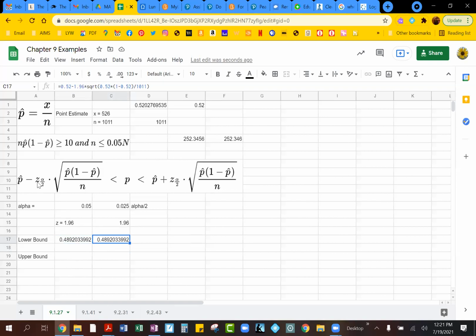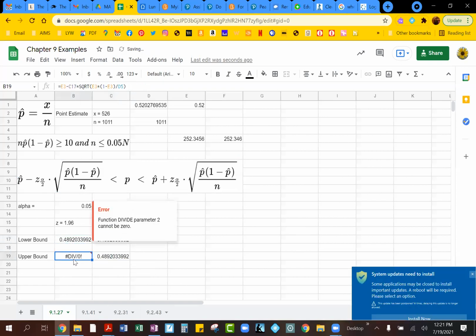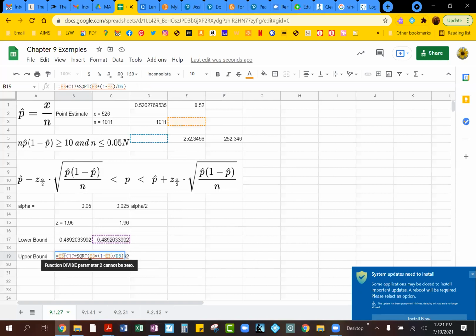Now, remember, the only difference between the lower bound and the upper bound is that plus and minus sign. So all I'm literally doing is copying the formula over. And I am going to change this from a minus sign to a plus sign and make sure all my cells look good.